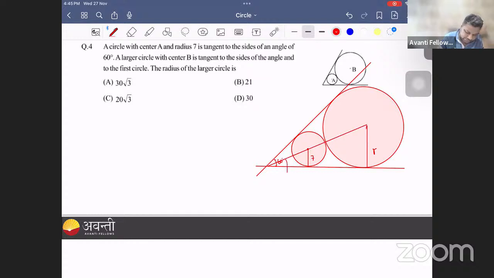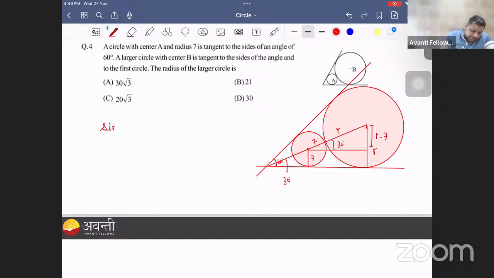Got it? So this angle will be 30 degree. Correct? Now this will be 7, this will be R. If I join these two, this length is going to be R minus 7 and this angle is going to be 30 degree. So what do I get?